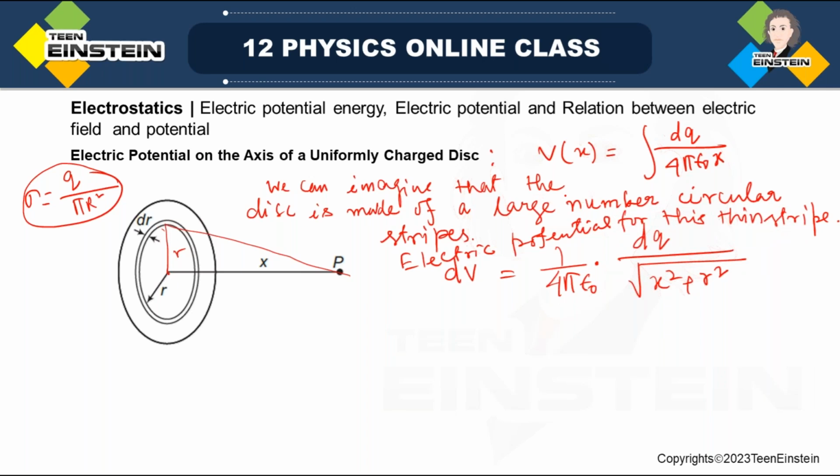Now we have to find dq to find the total. If I want to find the total electric potential due to the whole disk, then I have to integrate this. So for that, let us first find out what dq is. As you know, this will be a surface charge density, so dq is sigma into the area of the stripe.